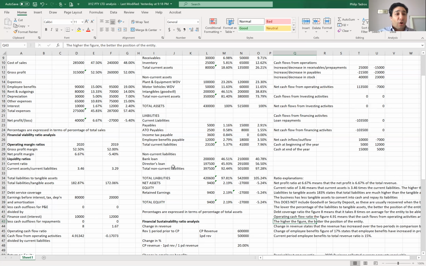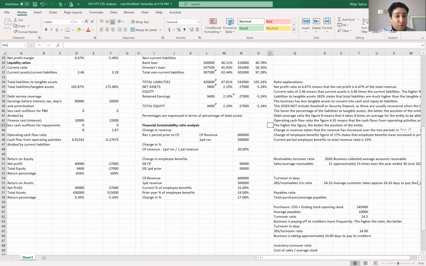And ideally, the higher this figure is, the better it is for the position of the entity. Now, there's some other ratios that we need to work out in terms of the operating and liquidity ratios, which are receivables turnover, payables turnover, and inventory turnover ratio.